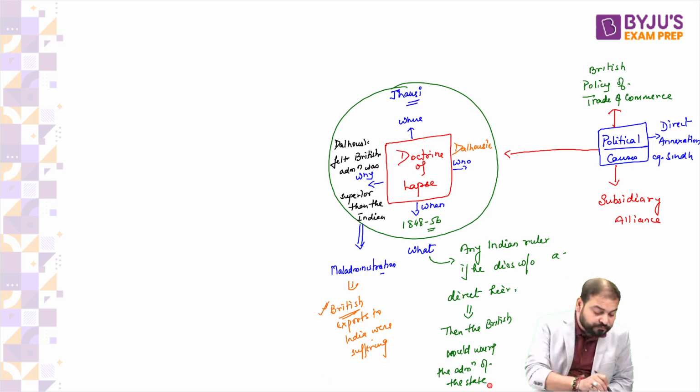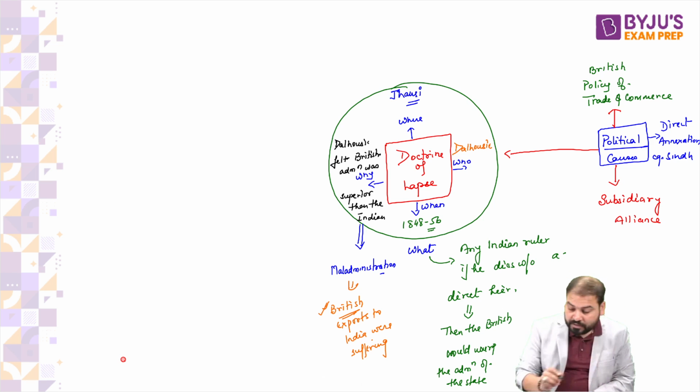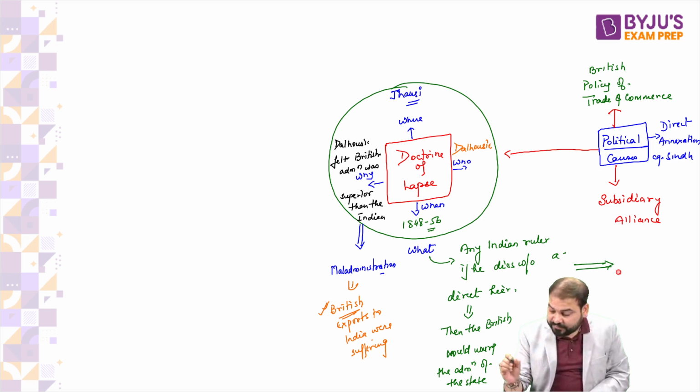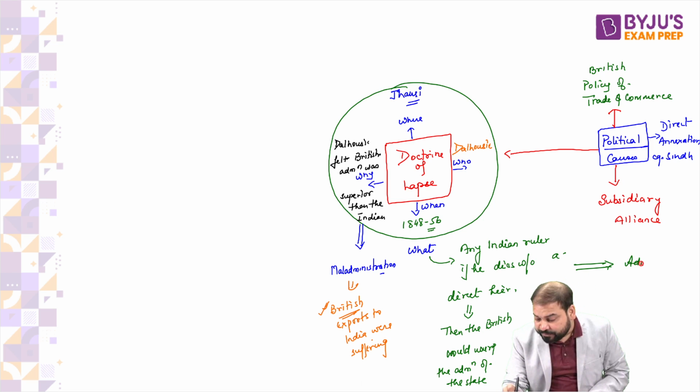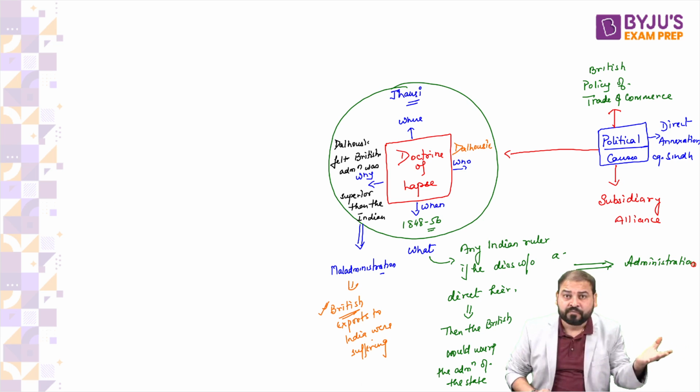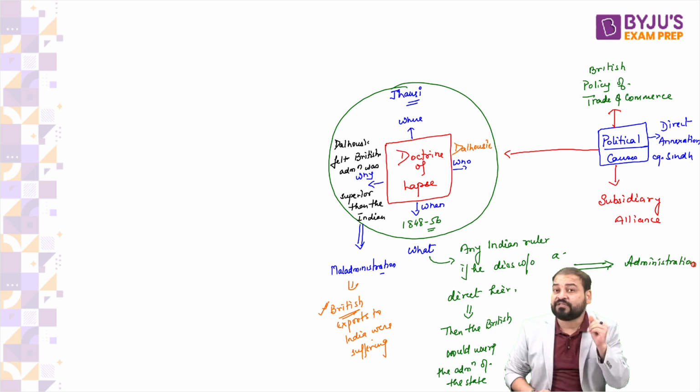Now, all of you, please be very, very clear, the British would take over the administration. For example, Rani would keep her private property. Her private property is not being taken away, but she does not have the power to rule over the state anymore.